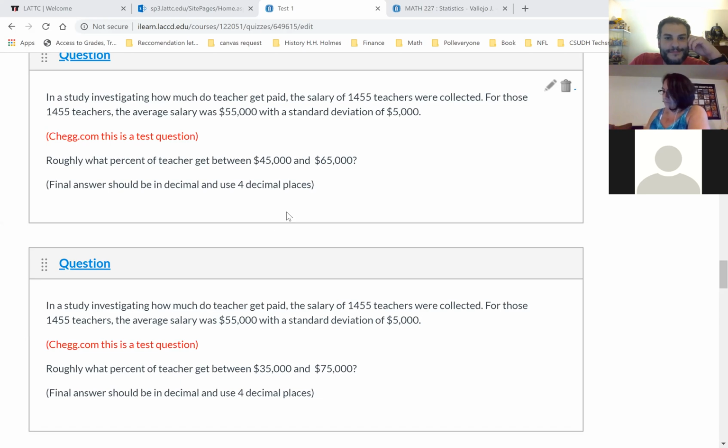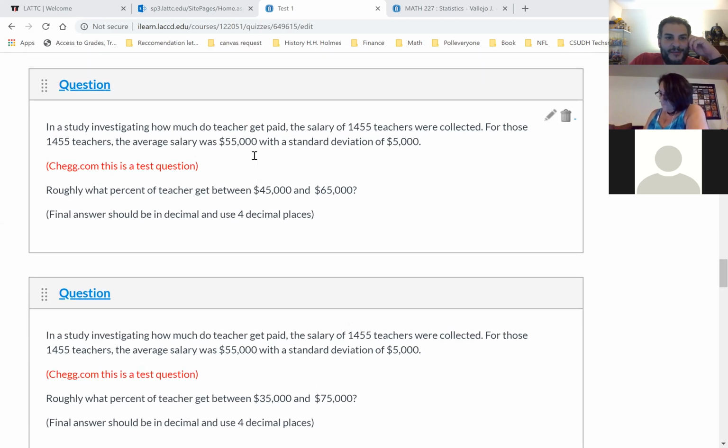All right, so let me go over 21 real quickly. For 21, you wanted to use the Chebyshev rule. For the Chebyshev rule, you look at your K. In this case, K is 2.